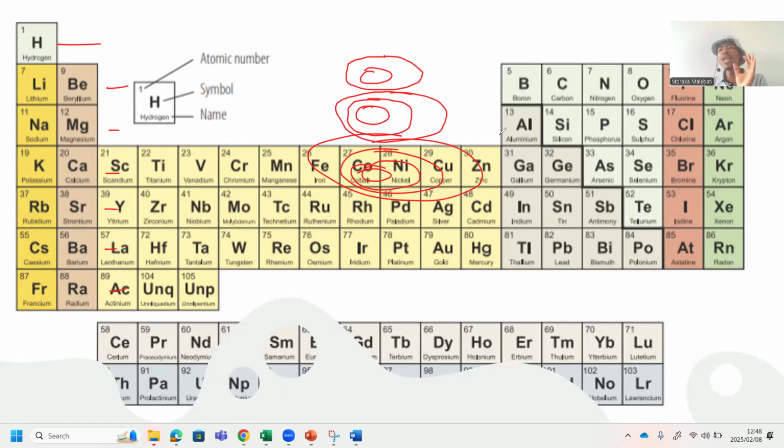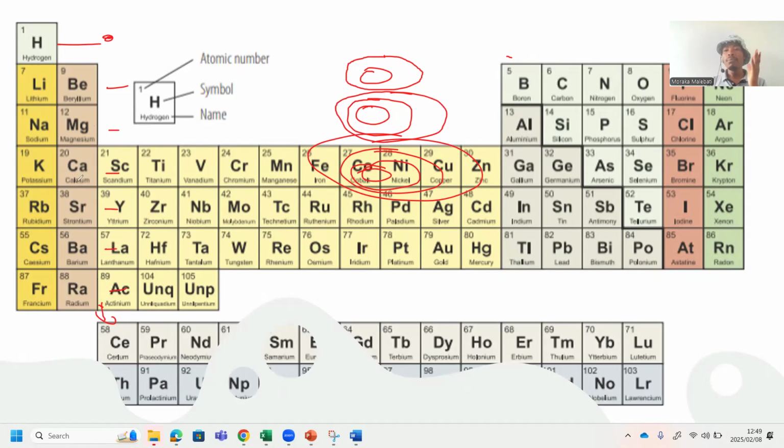But now, what we should ask ourselves is, why do the chemical properties change across the period?